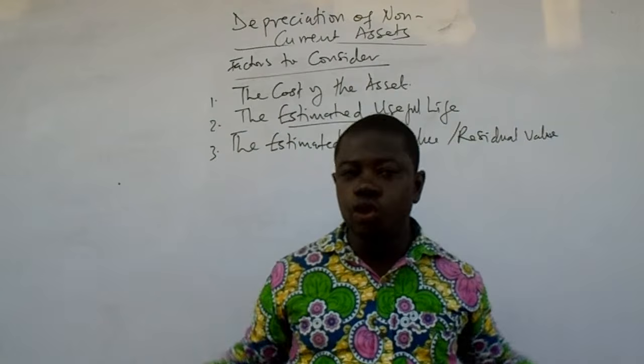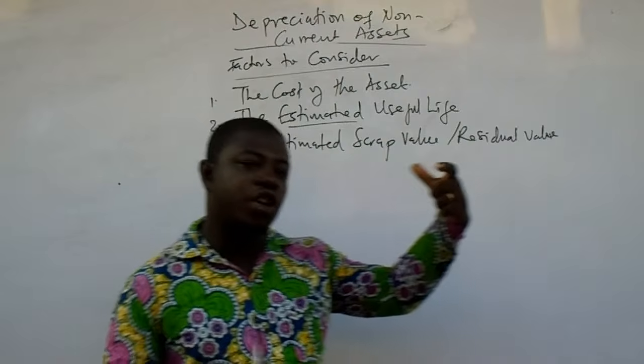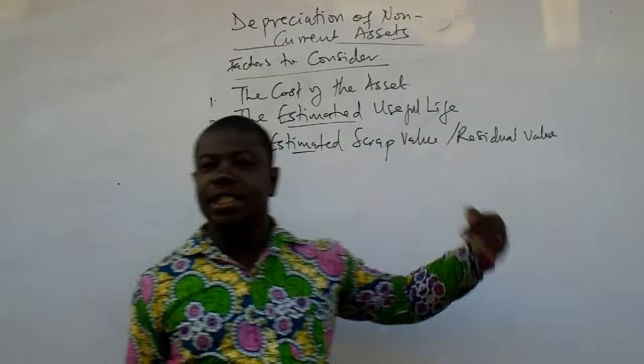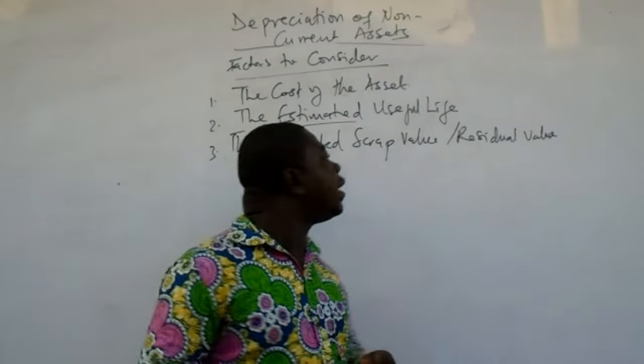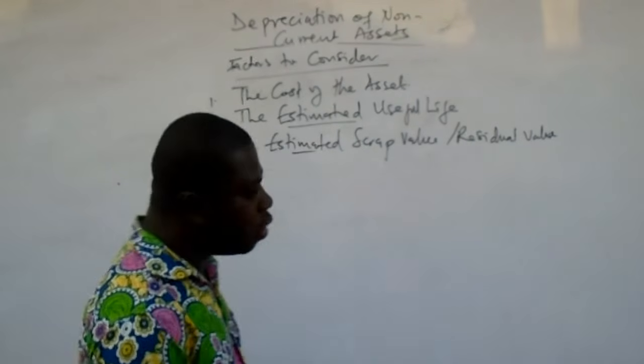When we have finished using the asset and we believe that the value is gone, at least there should be a value at the end that we should estimate. Okay, that this is how much we are going to dispose it of at the end of its useful life. And that is also what we call the estimated scrap value or the residual value.